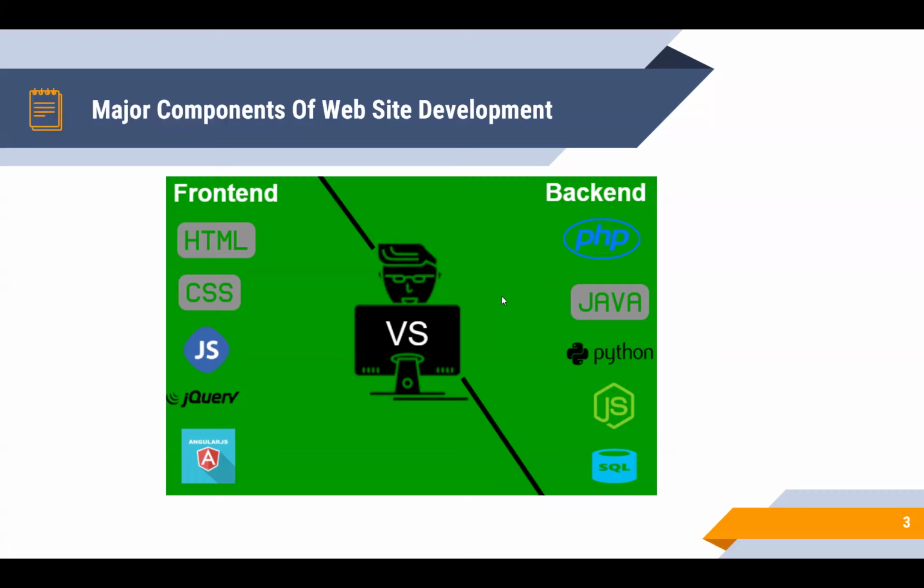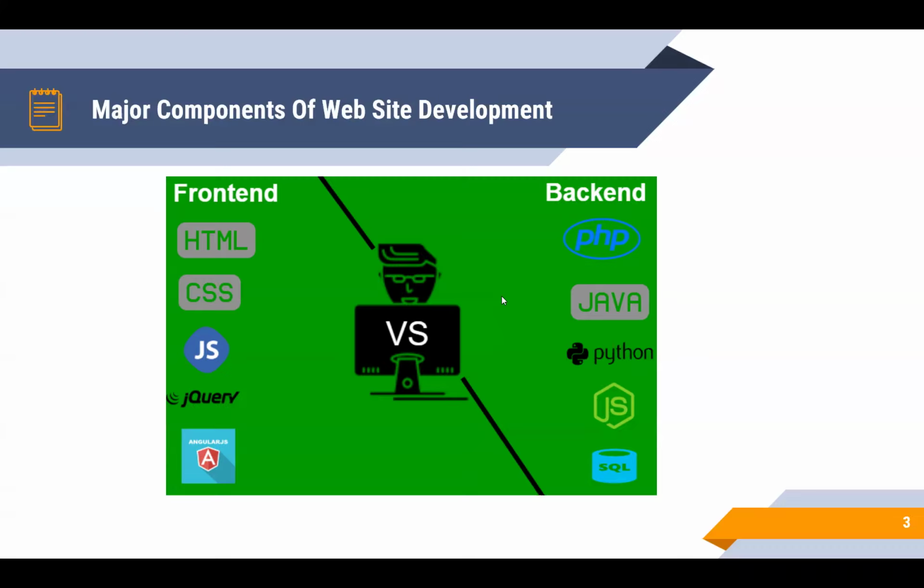And when we talk about back end development, it means all the core features, all the core functionality. Like if you want to show all the employees on your web page, you will send a request to the server to get all users from the database.